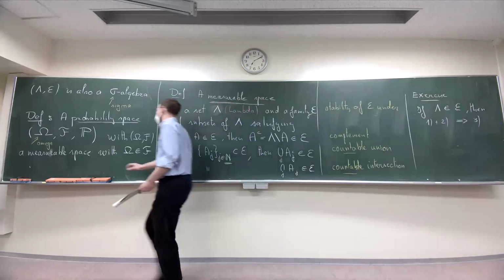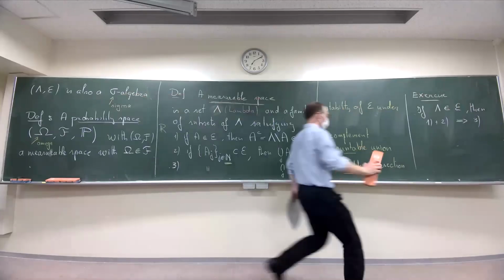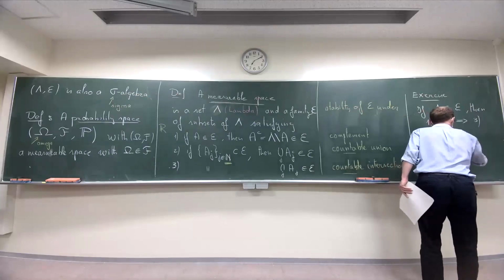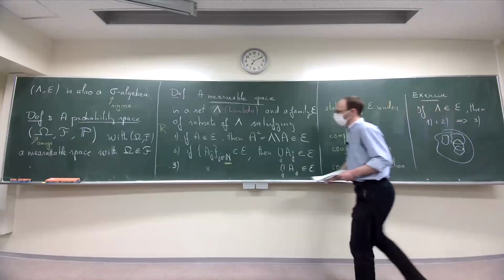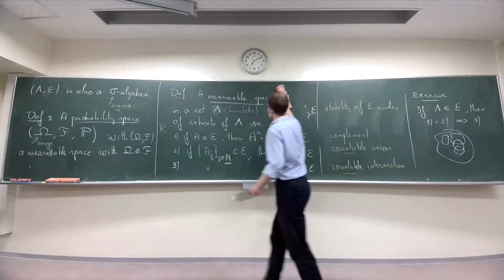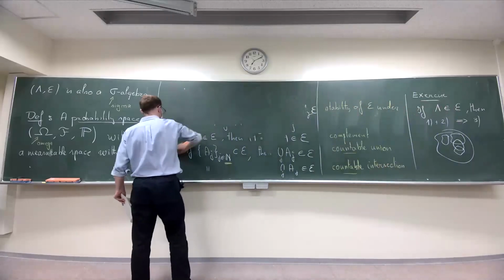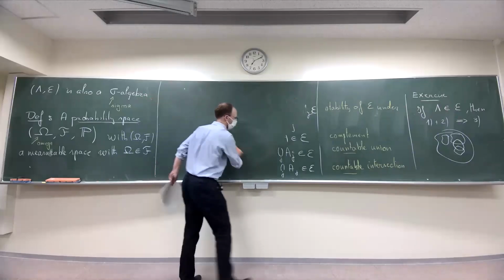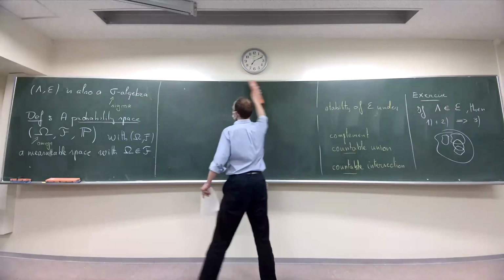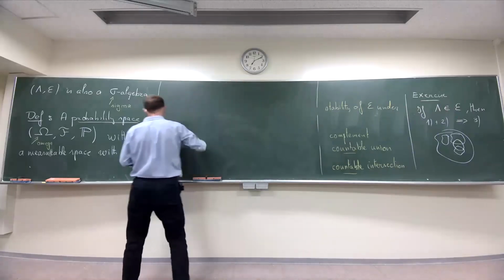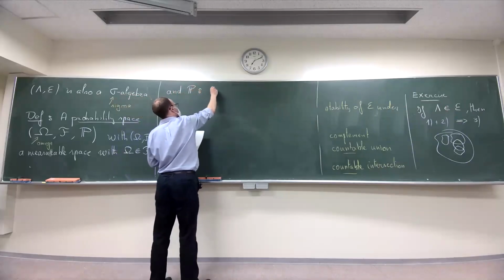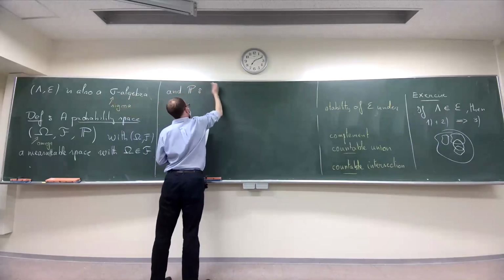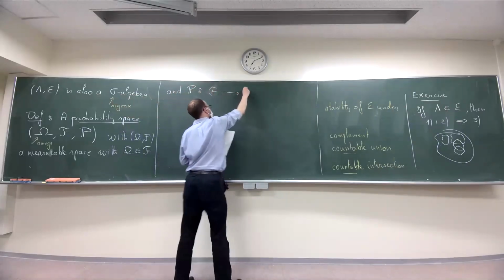And what is P? Let me do the picture again. What is P? P is a function defined on F, with values in 0, 1.